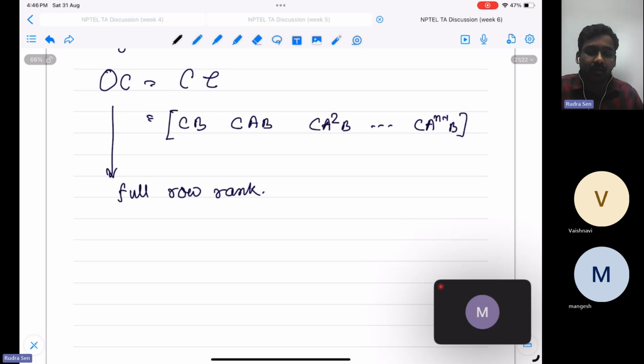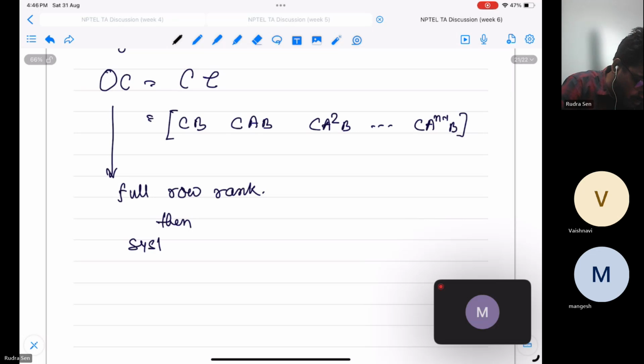If it has 3 rows and 3 columns, the rank should obviously be 3. If it has 1 row and 2 columns, the rank should be 1. So this is full row rank. If the matrix is full row rank, then the system is output controllable.